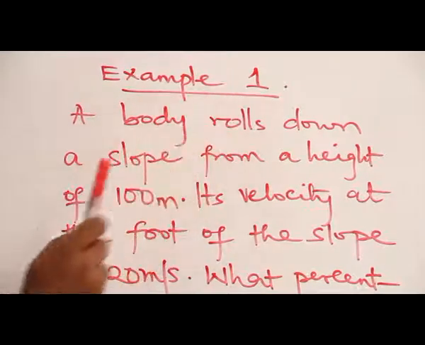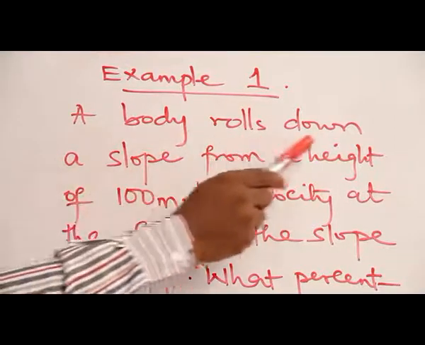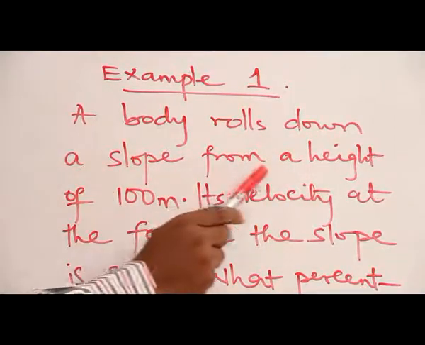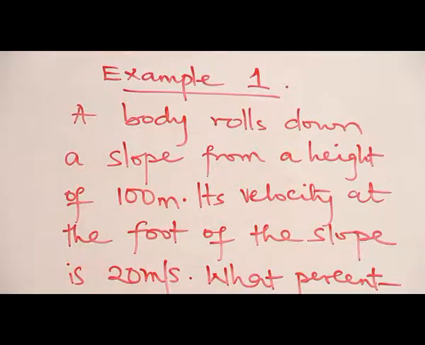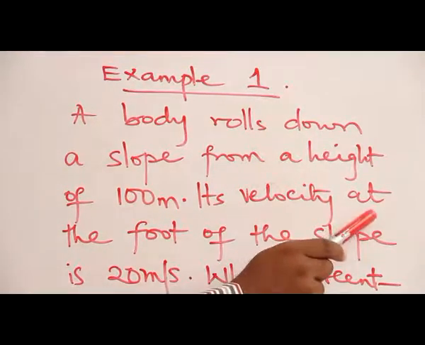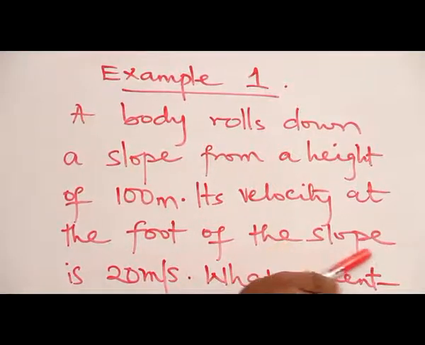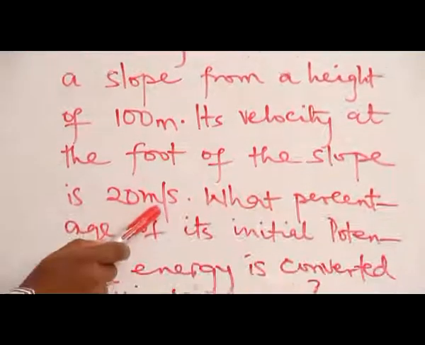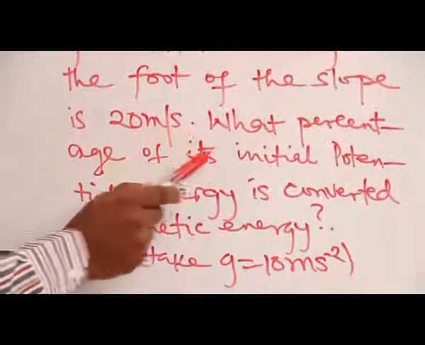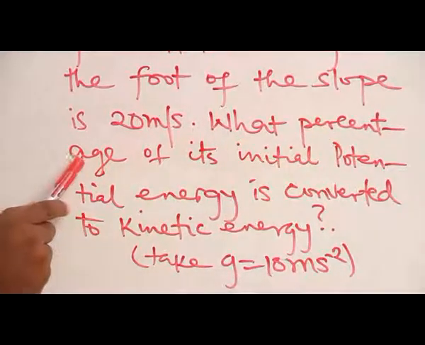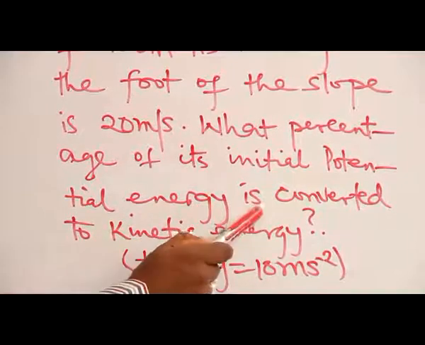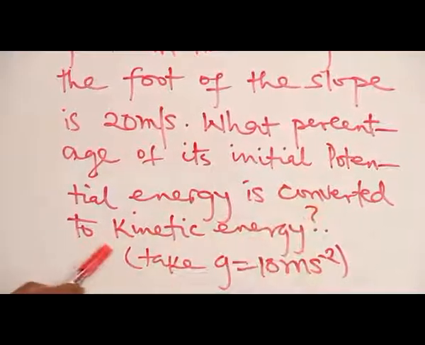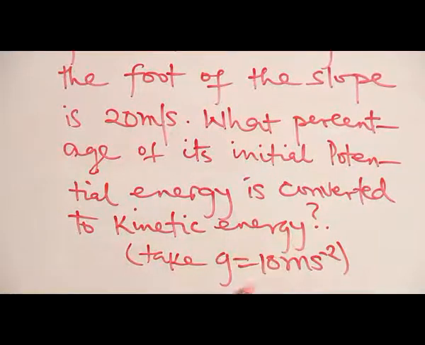Example 1. A body rolls down a slope from a height of 100 meters. Its velocity at the foot of the slope is 20 meters per second. What percentage of its initial potential energy is converted to kinetic energy?